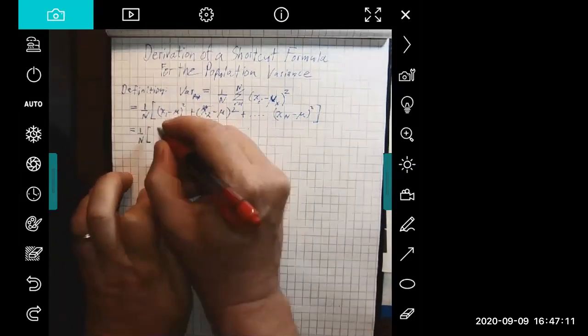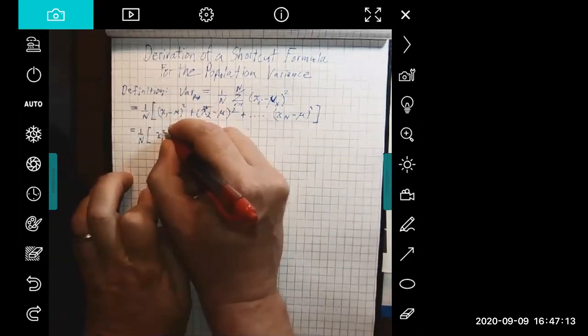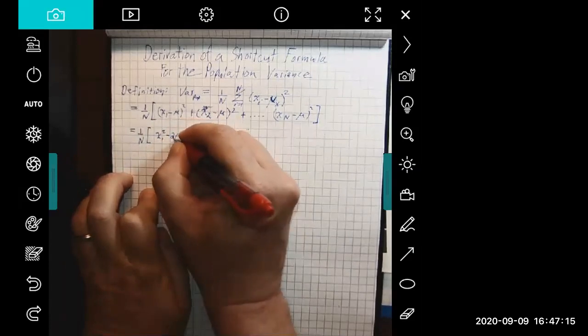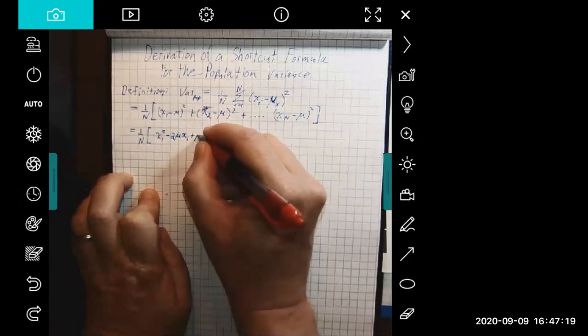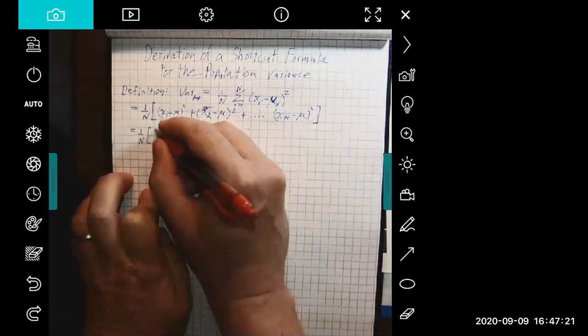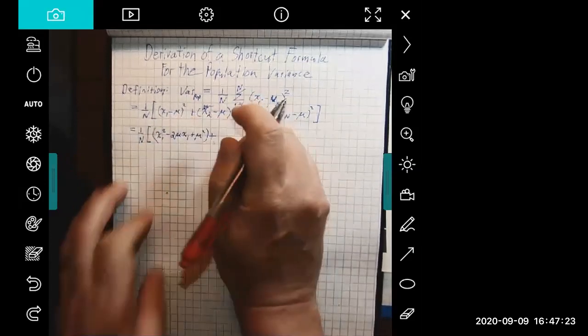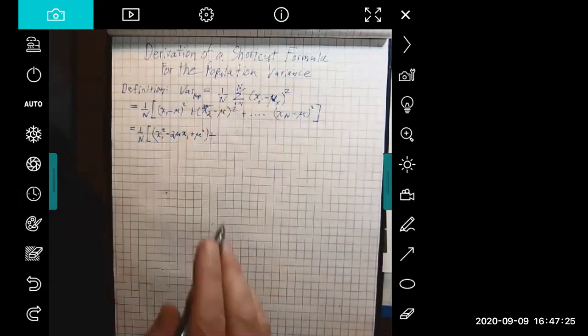You end up with x1 squared minus 2 mu x1 plus mu squared. And then we go over to the next term here with the x2.